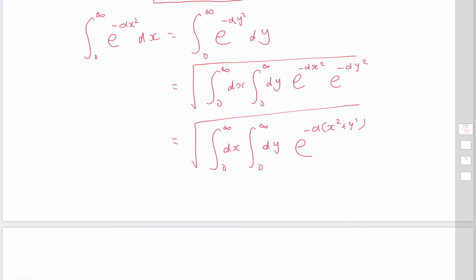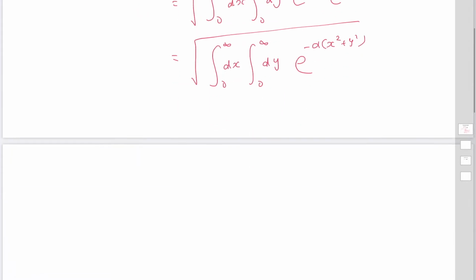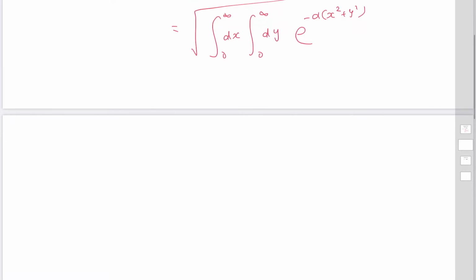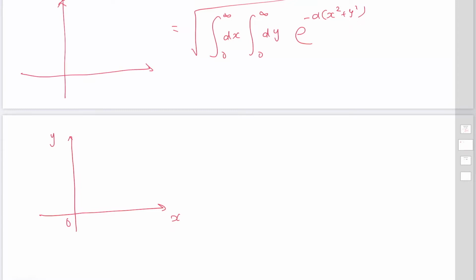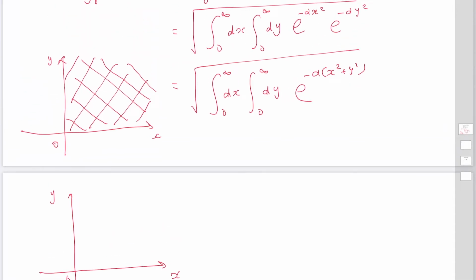If we consider the x and y planes, we can draw these planes and integrate over this region. X is changing from 0 to infinity, and y is changing from 0 to infinity, so it covers these regions.